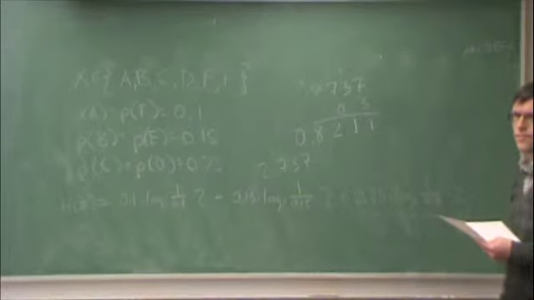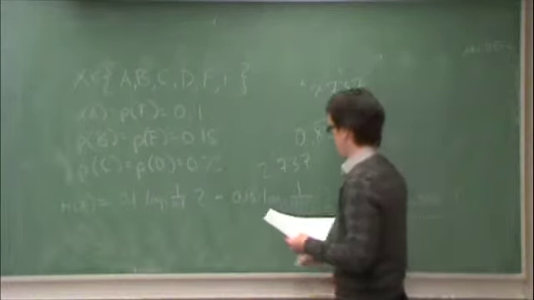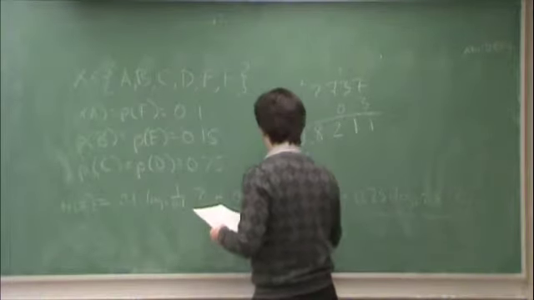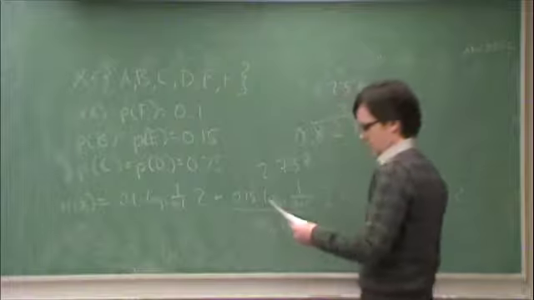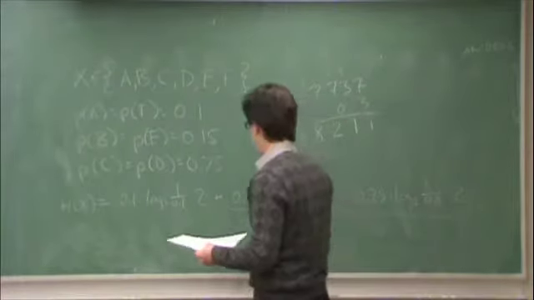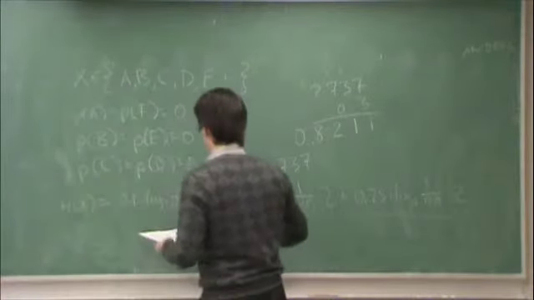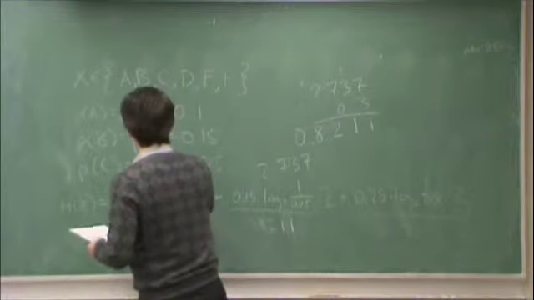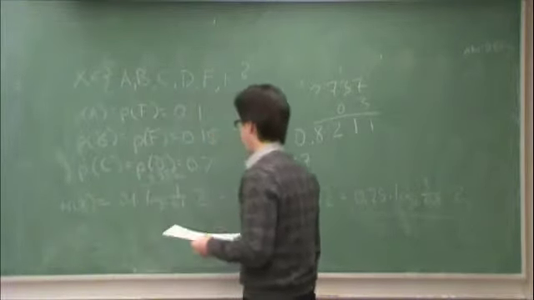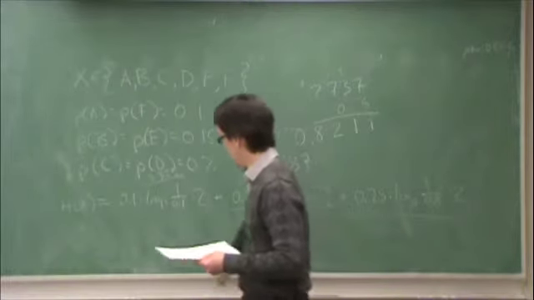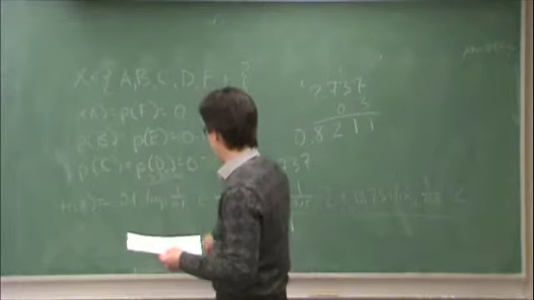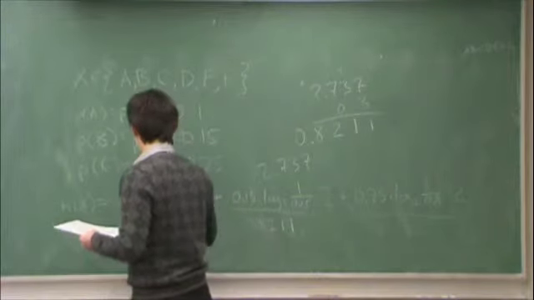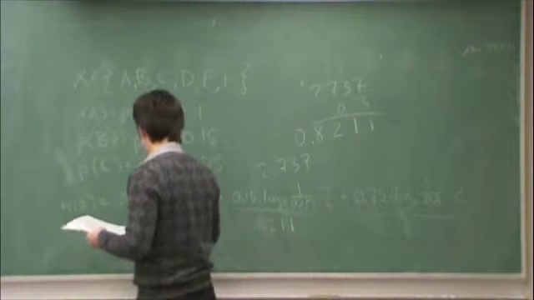Okay, so this is 0.8211. And over here, log 2 of 1 over 0.1 is 3.322. So times 0.1 is 0.3322, times 2 is 0.6644.